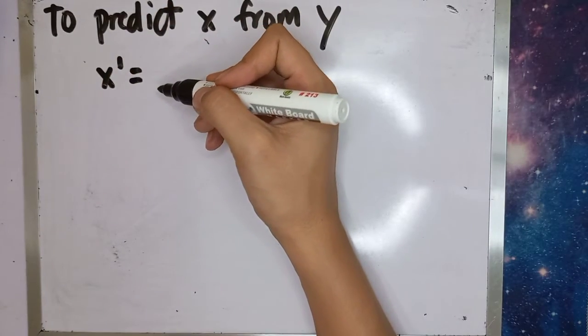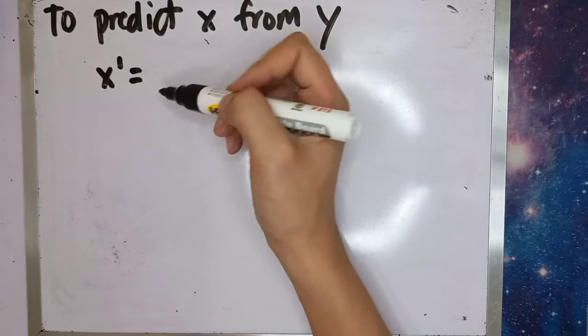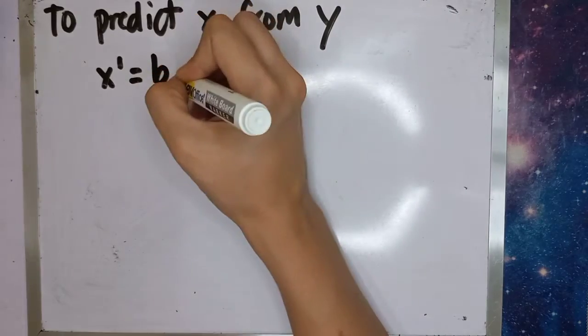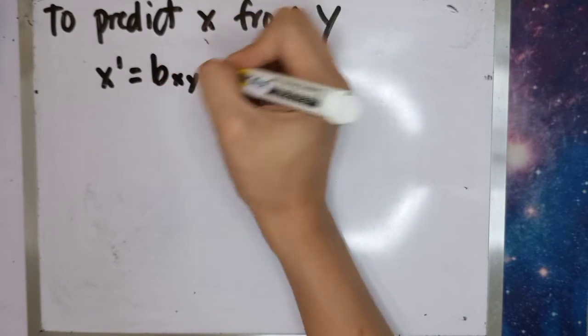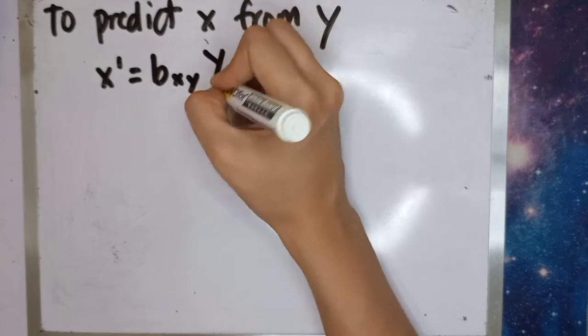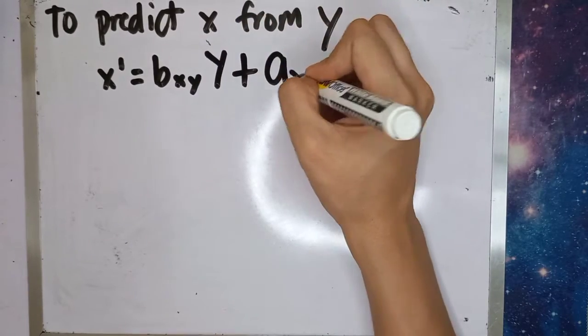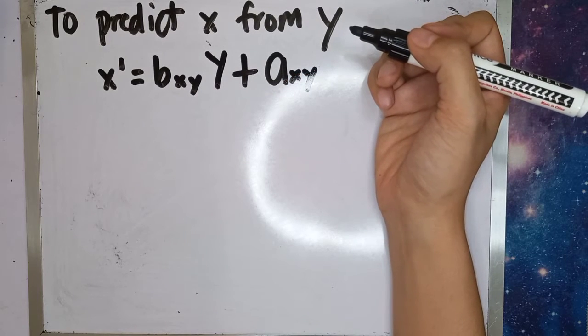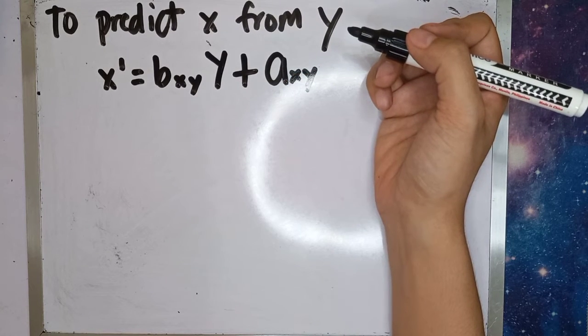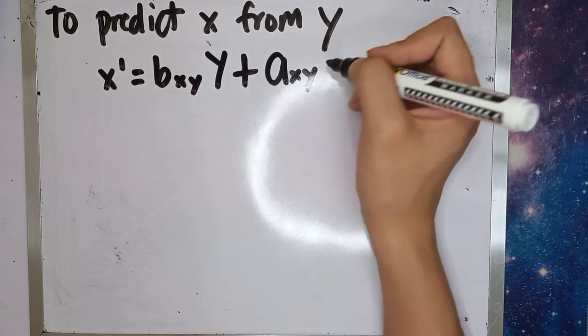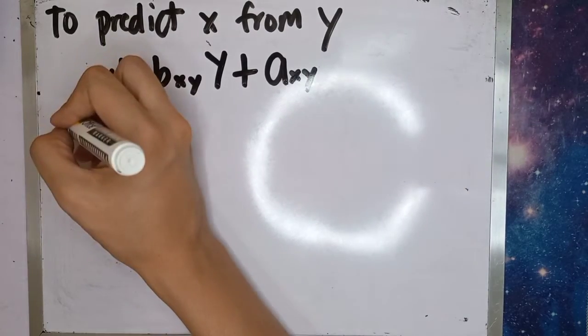Yung X, siyempre aalamin natin, given the Y. So, b coefficient times ito yung raw score, plus the a coefficient. We will compute first the b coefficient, then followed by the a coefficient.